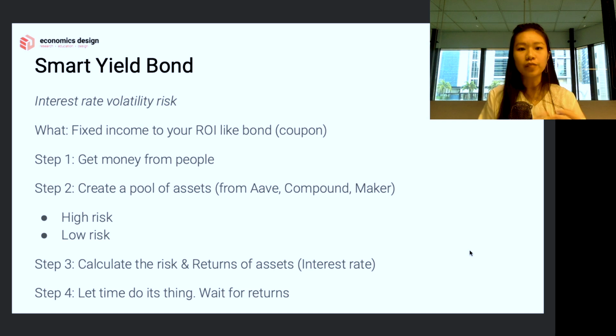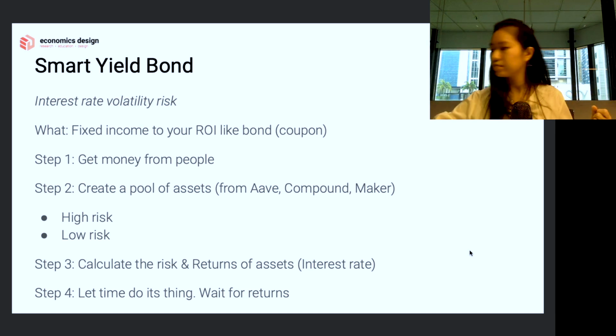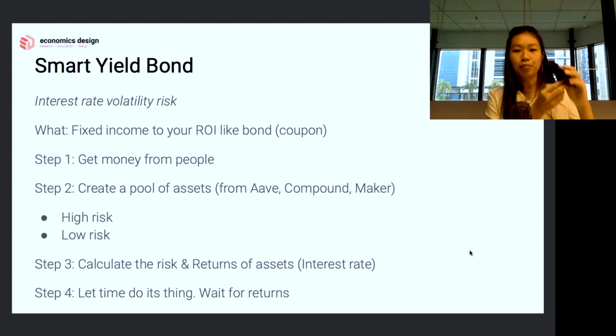So how does it work? It's kind of like a fixed income bond. So you have a fixed coupon for this bond. What does it mean? It means that if you have this mask as a product, as a bond, and when I buy this, every month I will get a small portion of it into my bank account, and every month that's fixed.